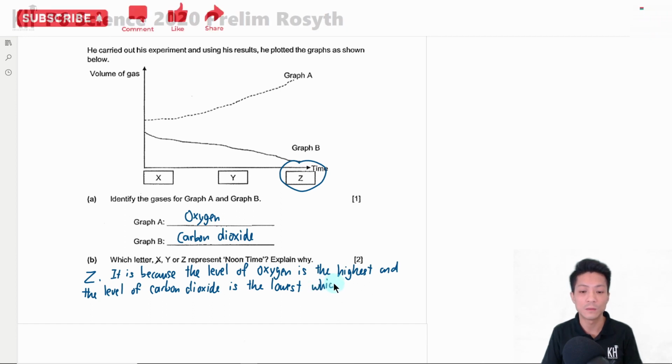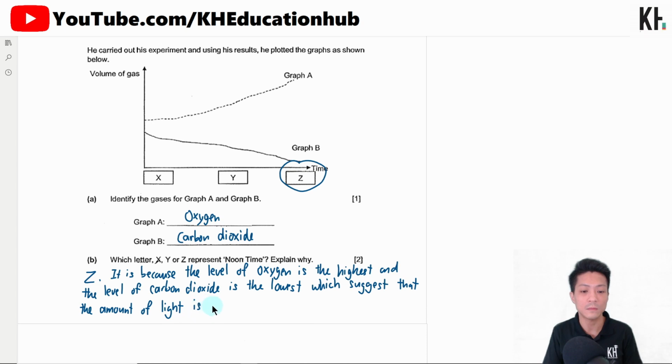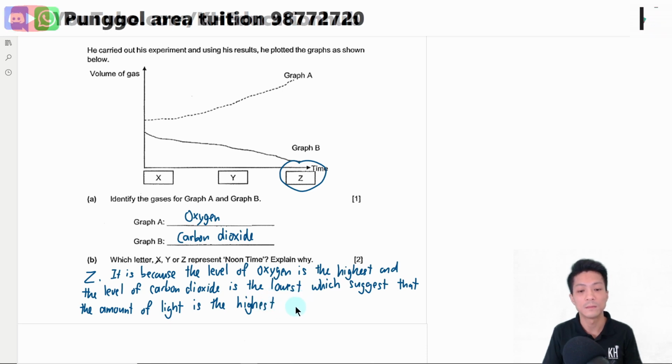Which suggests that the amount of light is the highest, like during noontime.